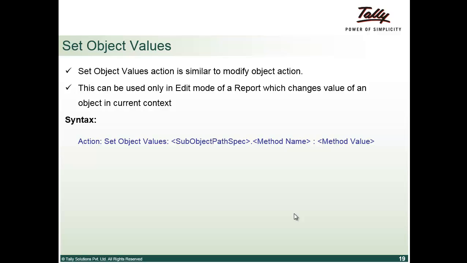Whatever object is in the current context, its value can be changed with this. The syntax is action colon set object values colon, you give the sub object path and then the method dot method name and its value.